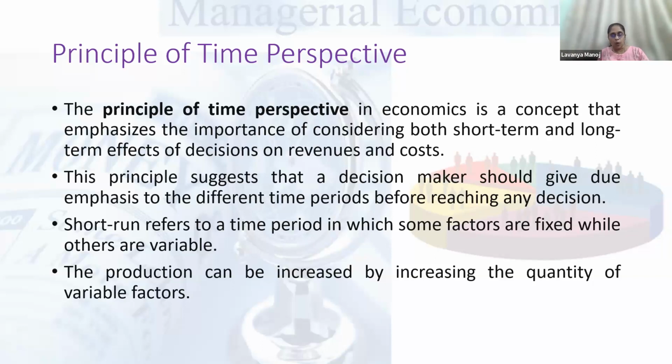So that is for the long run. If they want to look into the long run, then they have to consider these external variables as well and then make the decision. But if the company is only looking at the short run, then they don't have to take these variables into consideration. So this is the principle of time perspective.